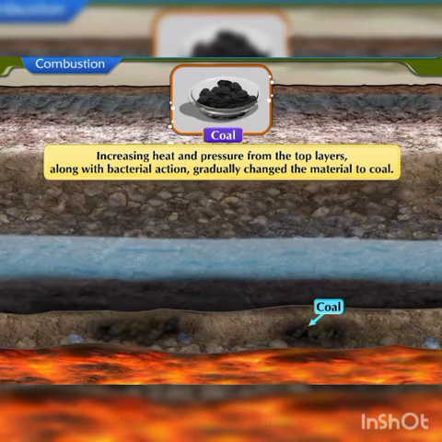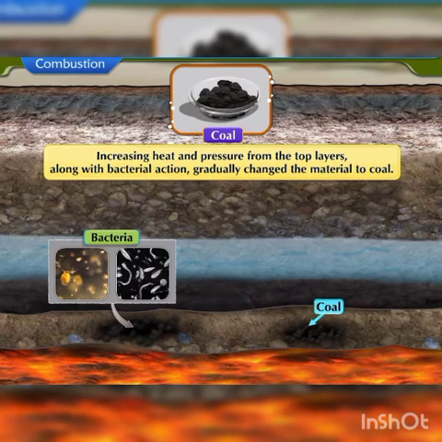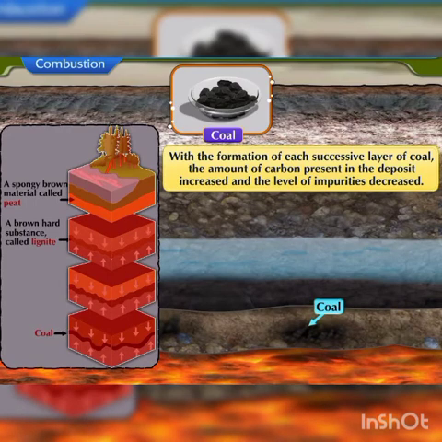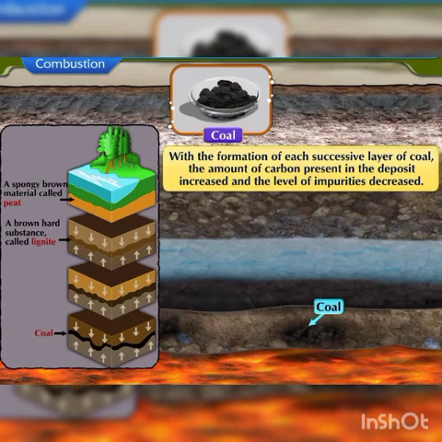Increasing heat and pressure from the top layers along with bacterial action gradually changed the material into coal. With the formation of each successive layer of coal, the amount of carbon present in the deposit increased and the level of impurities decreased.